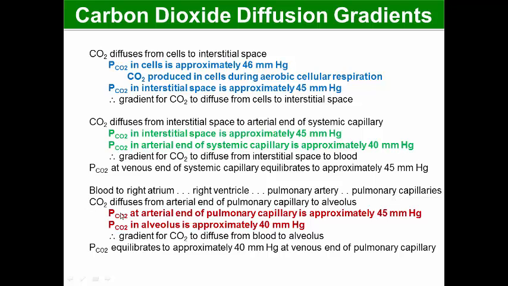So the partial pressure of carbon dioxide at the arterial end of the pulmonary capillaries is approximately 45 to 46 millimeters of mercury, and we mentioned this early in the previous slides. The partial pressure of carbon dioxide in the alveolar air is only 40 millimeters of mercury. So carbon dioxide now at the level of the lungs diffuses in the opposite direction to the direction of oxygen diffusion. So it diffuses from the blood in the pulmonary capillaries to the air in the alveoli.